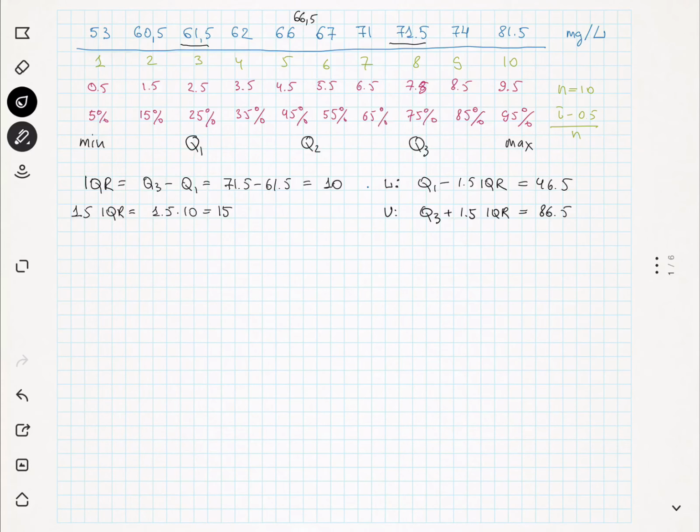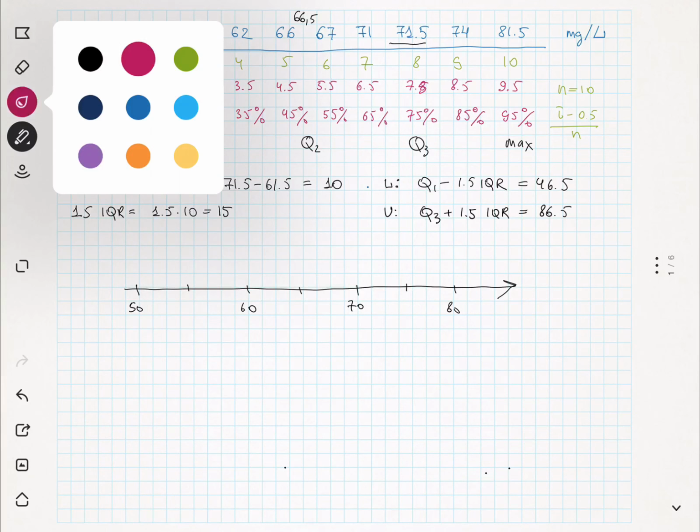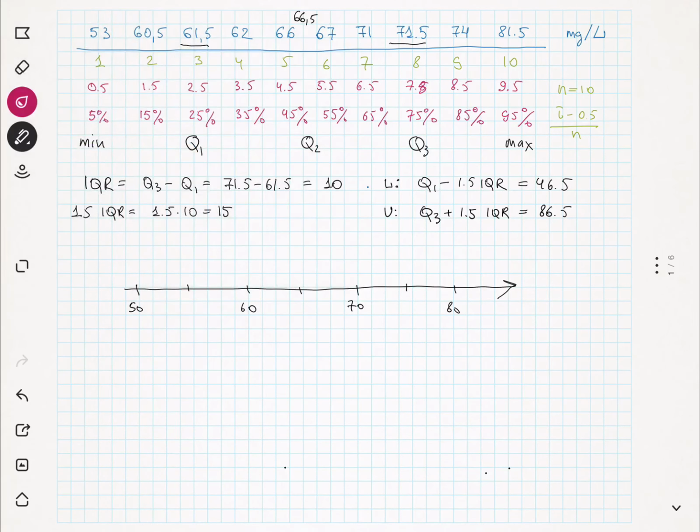Okay. Now let's make some plot. So this is the dimension. Then we have, for example, 50 here, 60 here, 70 here, and 80 here, and also some middle points. Now I can plot these values. The first is 53, somewhere here.